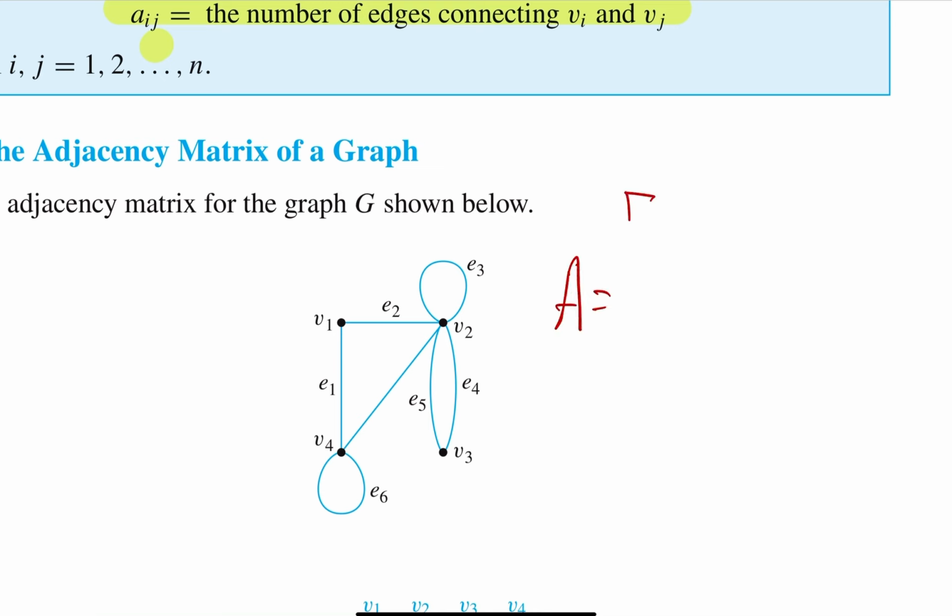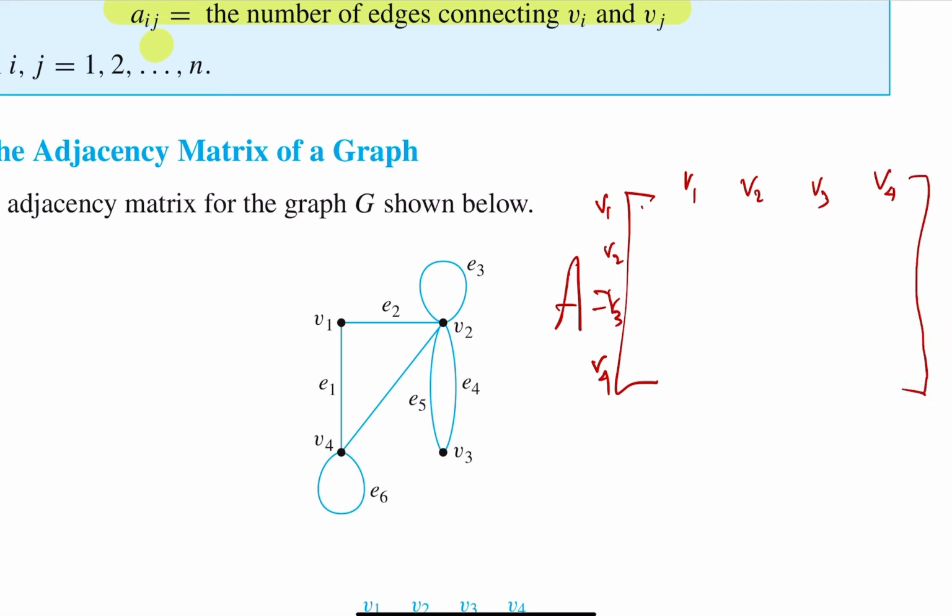Since you know 1, 2, 3, 4, I have 4 vertices, right? V1, V2, V3, and V4. V1, V2, V3, and V4, okay?